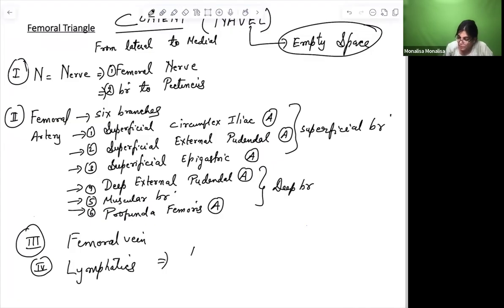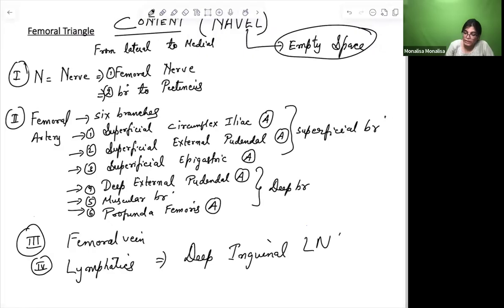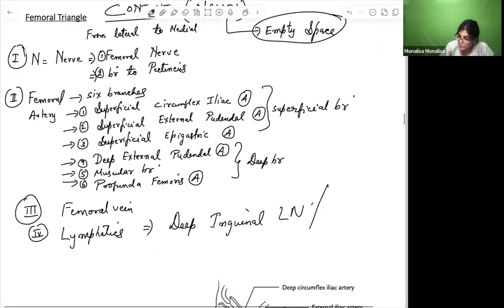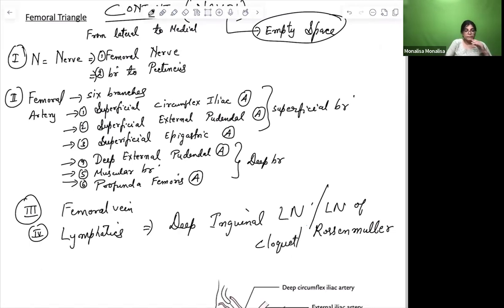The deep inguinal lymph node, also called the lymph node of Rosenmuller or Cloquet.